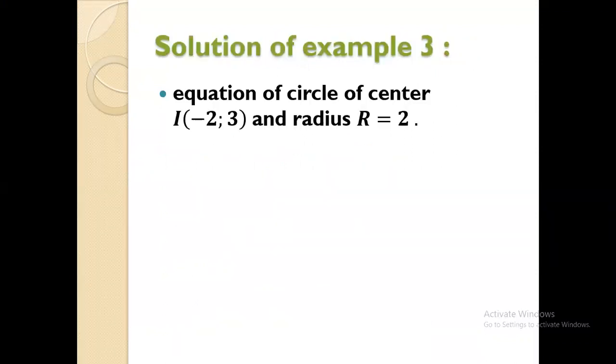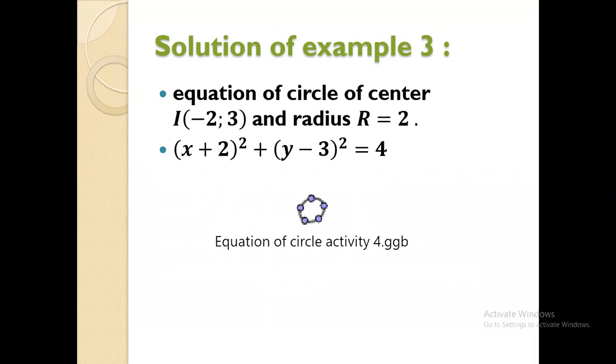The solution: the equation is (x plus 2) squared plus (y minus 3) squared equals 4. In this equation, we have replaced a in the previous page by -2, b by 3, and r by 2.